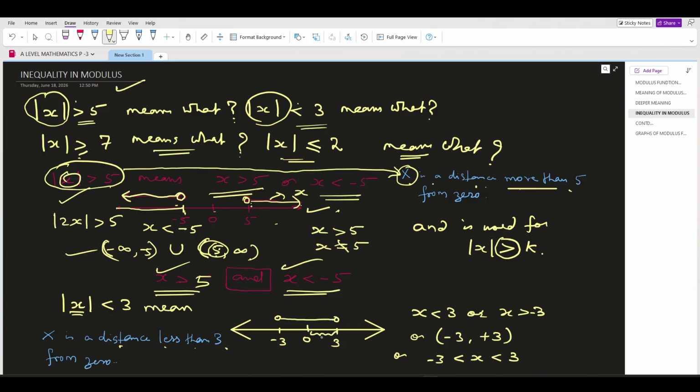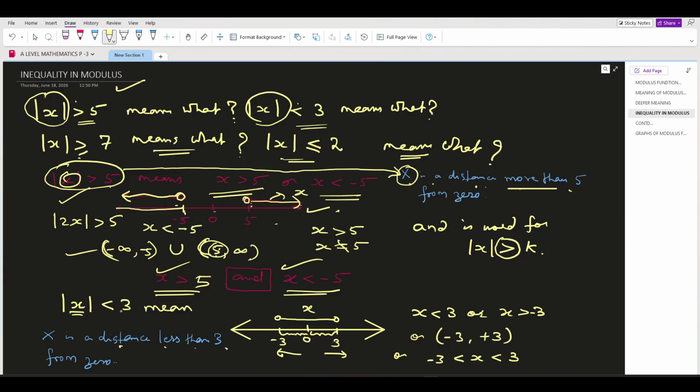This is also a distance of 3 from the 0, and this is also a distance of 3 from the 0, isn't it? Only thing is this distance is on the right hand side and this distance is on the left hand side. Okay, but distance is never negative. So you have to take both these distances. So your x value will be between these two, minus 3 and 3, right?